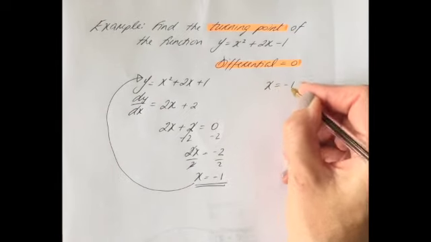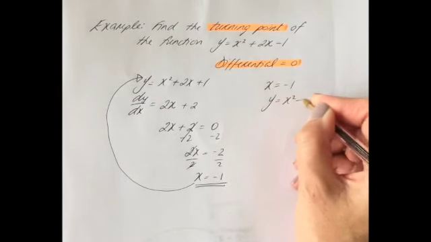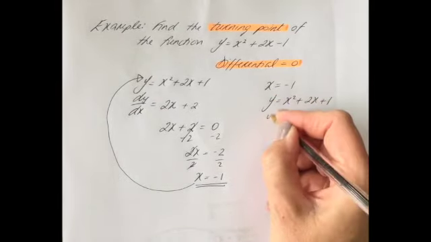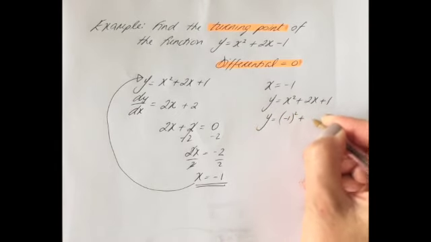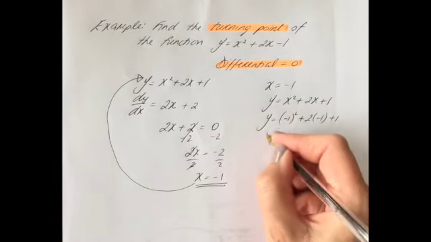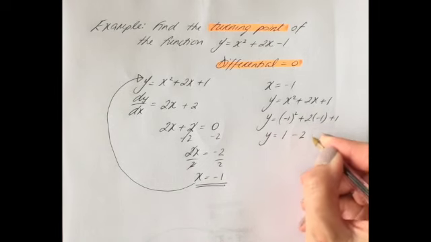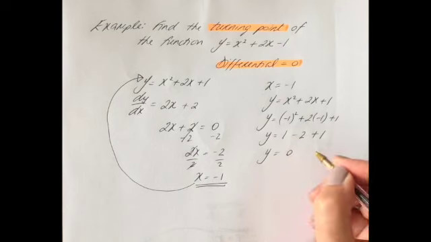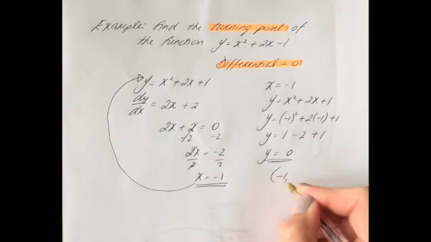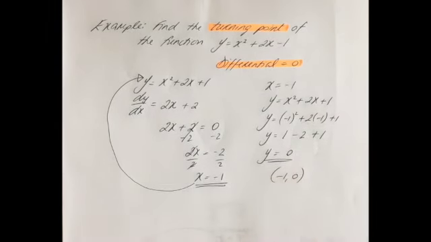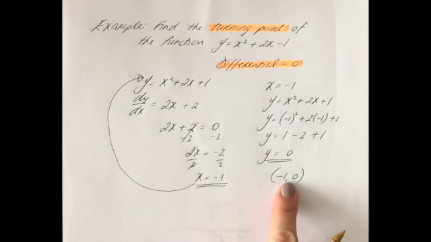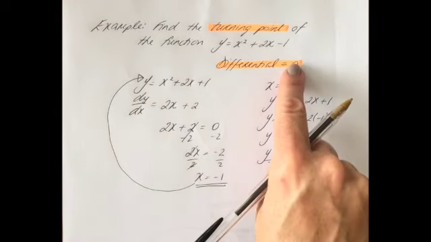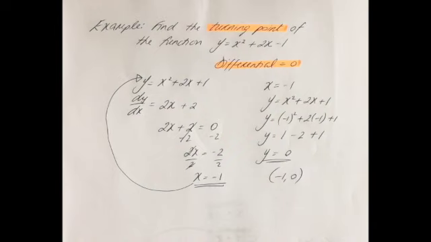So if x is equal to -1 and y is equal to x squared plus 2x plus 1, we'll sub in -1 for the x, and we get 1 minus 2 plus 1, which of course happens to be 0. So the x coordinate is -1 and the y coordinate is 0. And there is the turning point where the tangent to the curve at that point is flat, and therefore the slope of that tangent is 0.